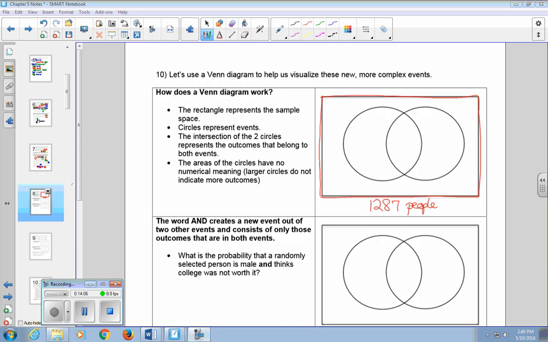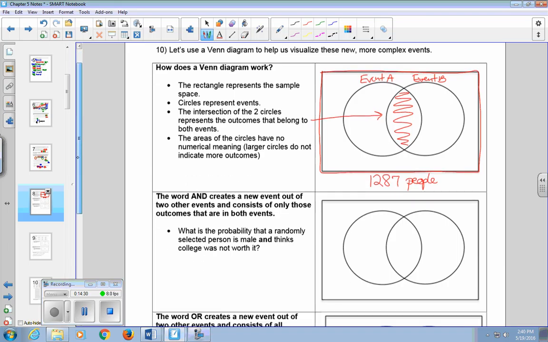Right, so we might call this event A and event B. The intersection of the two circles represents the outcomes that belong to both events. So here's our intersection. And the areas of the circles have no numerical meaning. Larger circles do not indicate more outcomes.